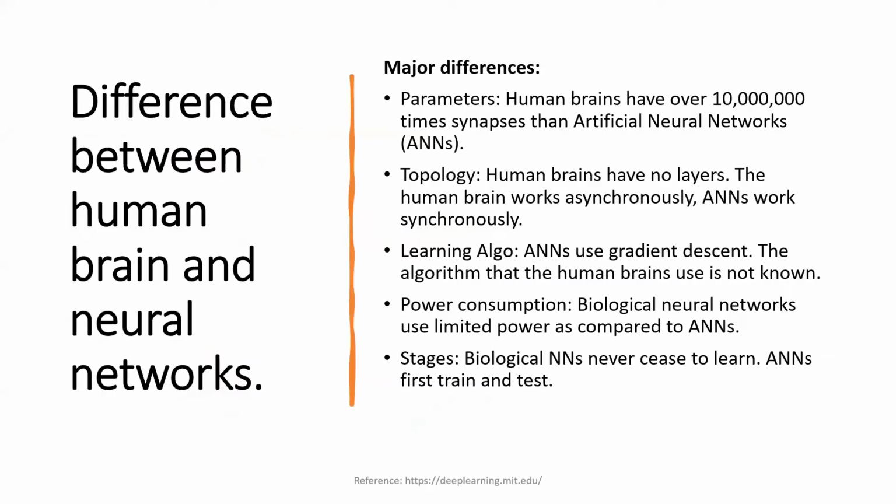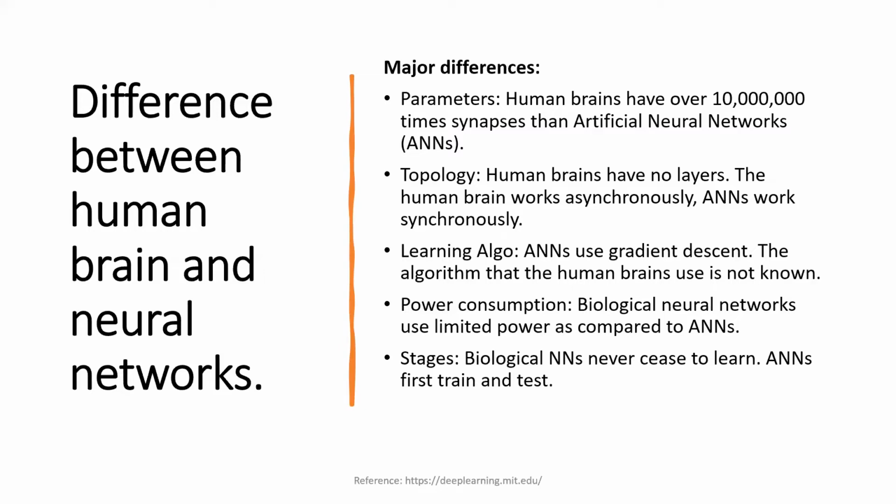So what's the difference between the human brain and neural networks? If you look at the parameters, human brains have over 10 million times more synapses than artificial neural networks. Then the topology, that is the physical makeup: human brains have no layers, but neural networks have layers.